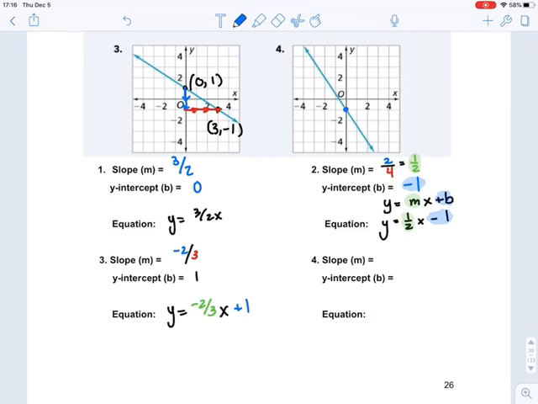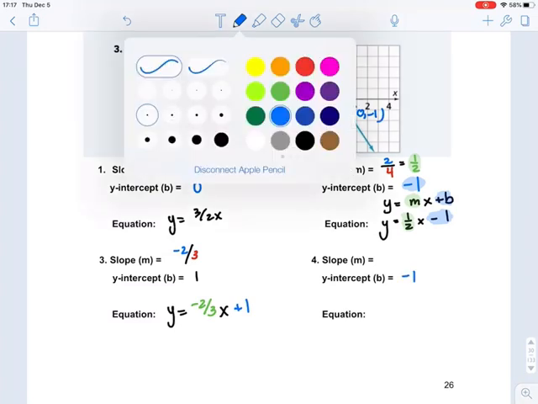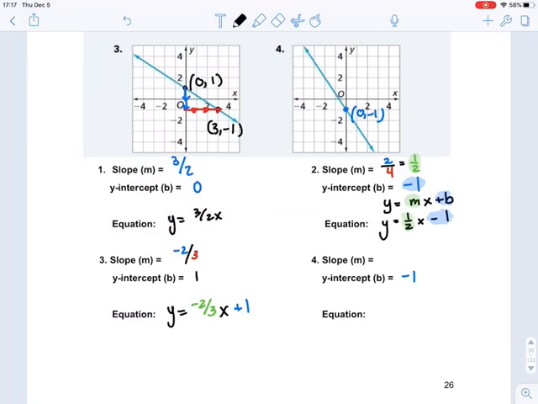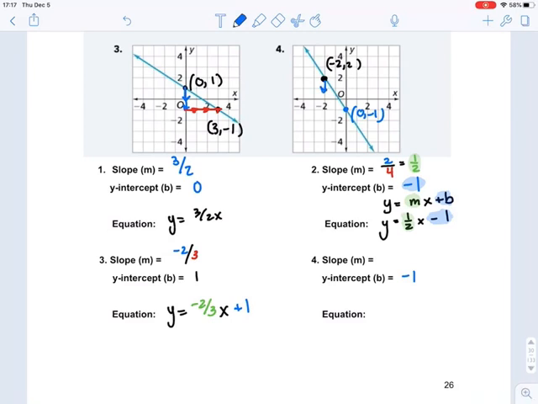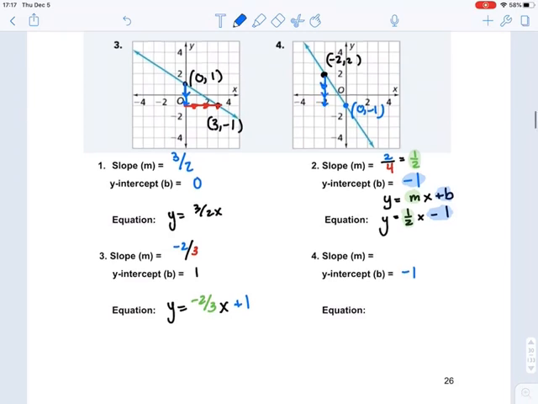Okay. Do the same thing on this side as well. This is a 0, -1. That's my y-intercept at -1. I'll find another point here. I'm gonna pick a point over here. That's gonna be -2, 2. To get from 1 to the next, I have to go down 1, 2, 3.